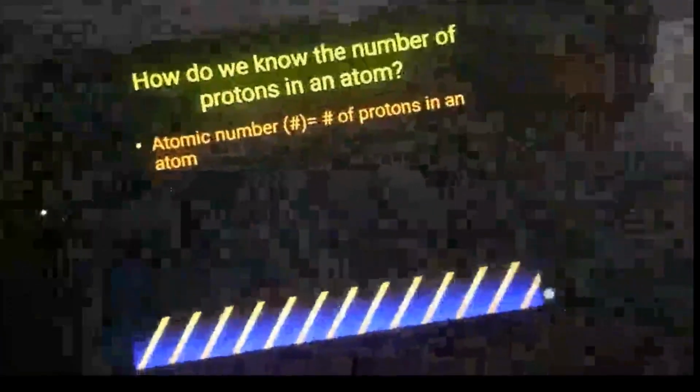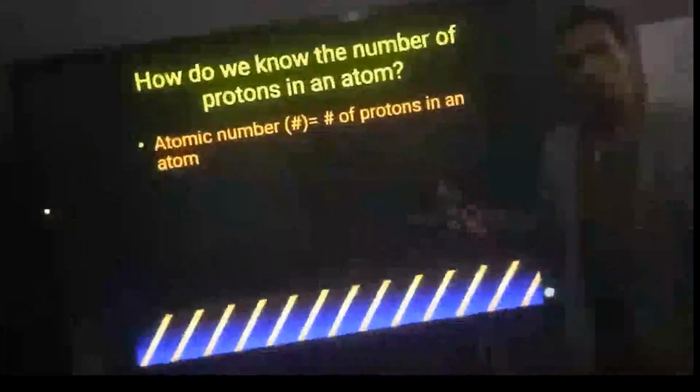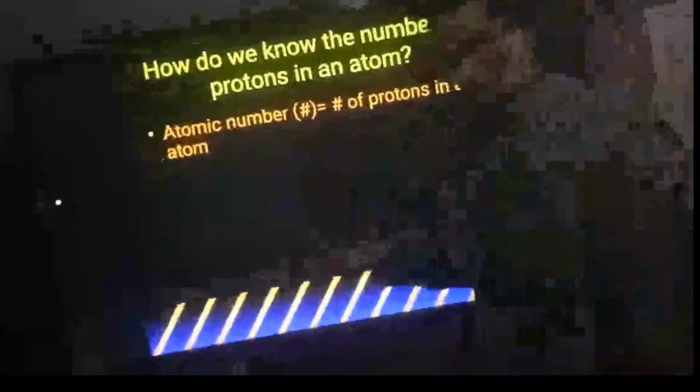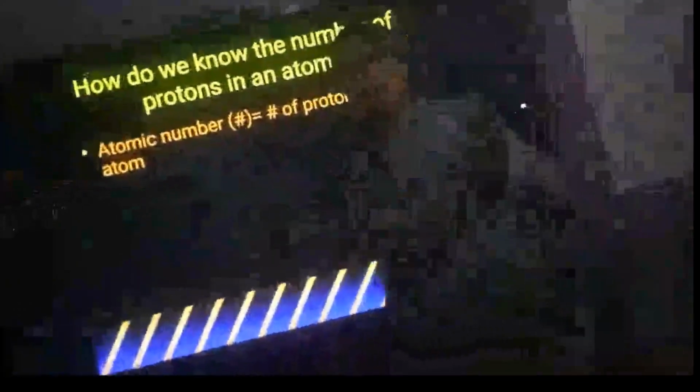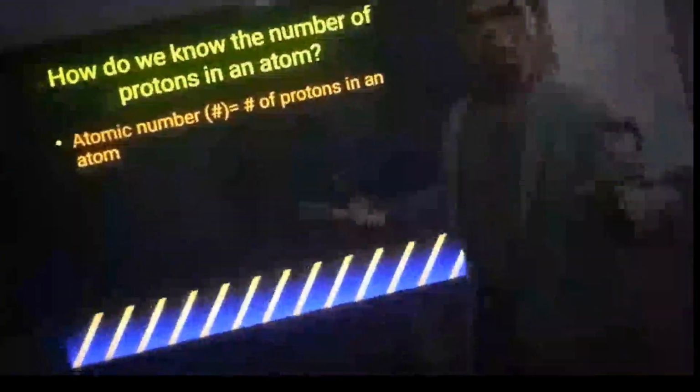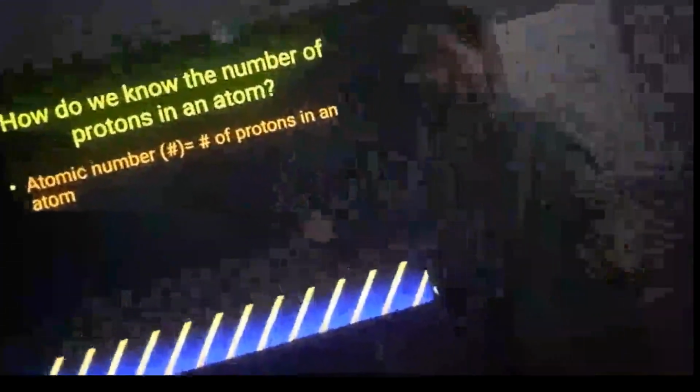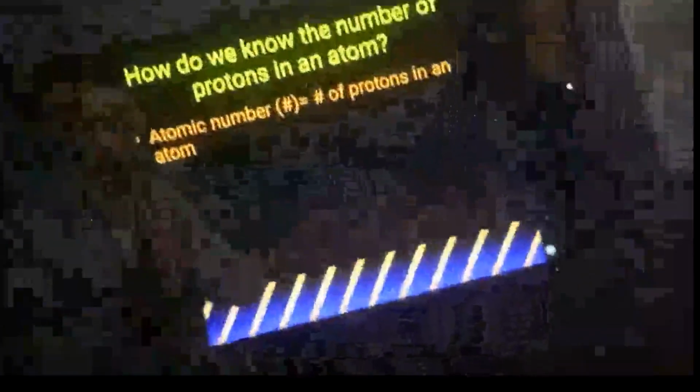That is the atomic number. A very simple explanation: the atomic number is the number of protons found inside the nucleus. Each atom has its own atomic number.